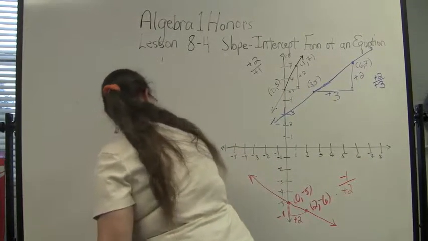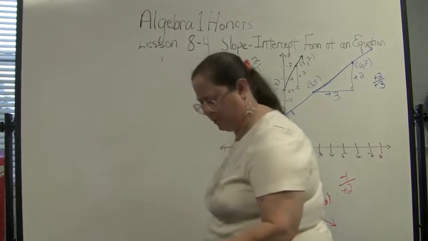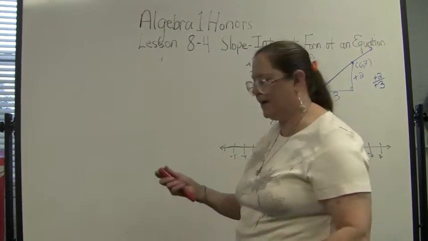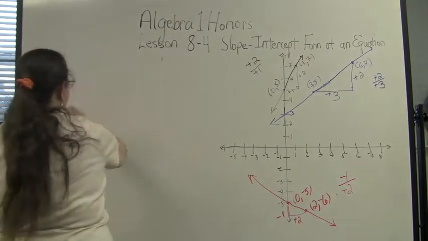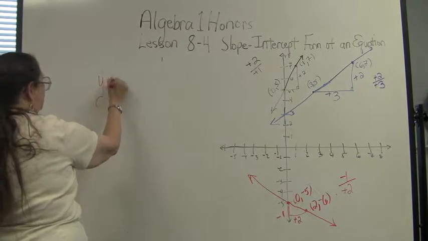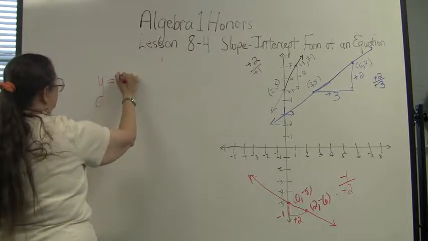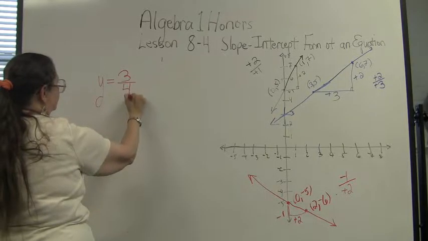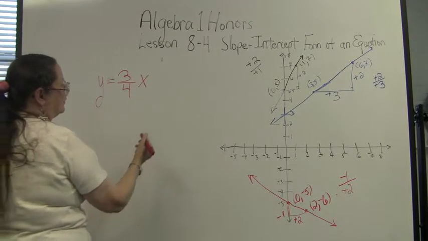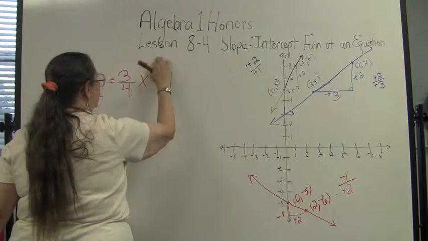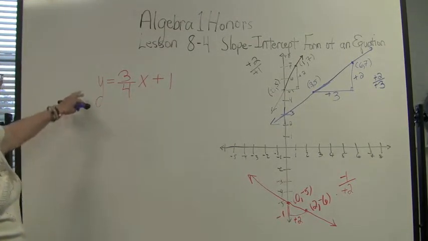Let's do another red equation here. What if we had y equals 3/4 x plus 1? Okay, well that's in the right format.